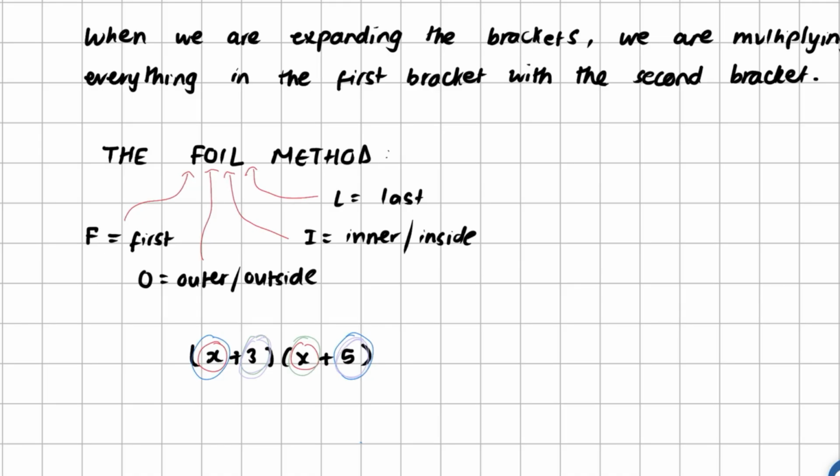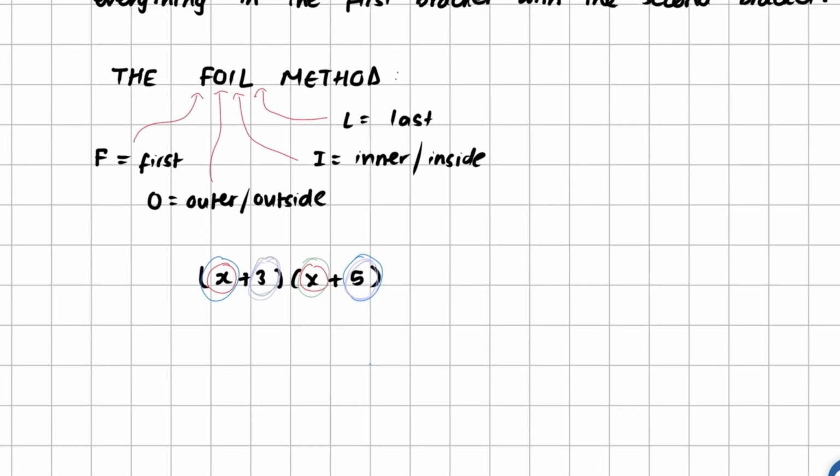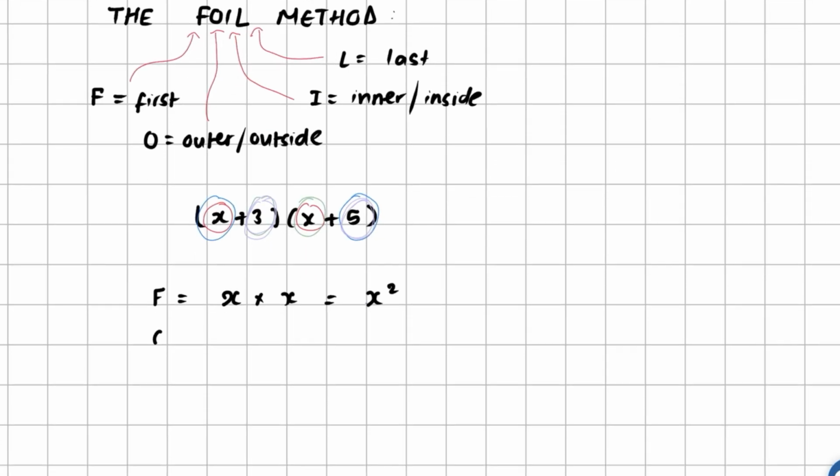So if you were to go by that, if I write it down, F is the first, so it'd be x times x, which is x squared, and then outer, which is x times 5, which is 5x, and then the inner, which is x times 3, which equals 3x, and last, which is 3 times 5, which is 15.